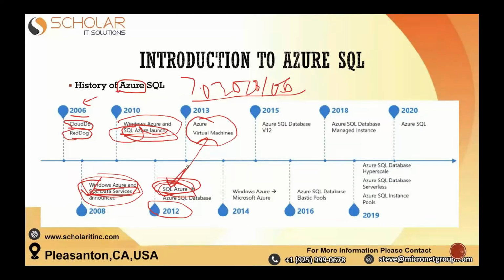In a virtual machine you could add multiple disks, and you could have your own choice of SQL Server version and edition. Here you don't have that choice. So that was basically a revolutionary milestone for Microsoft.